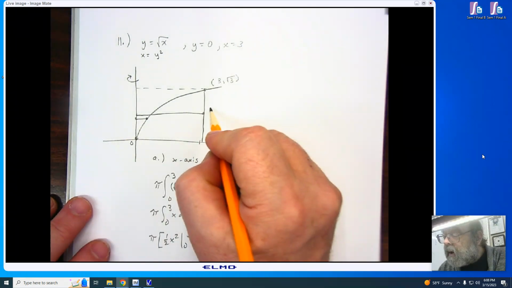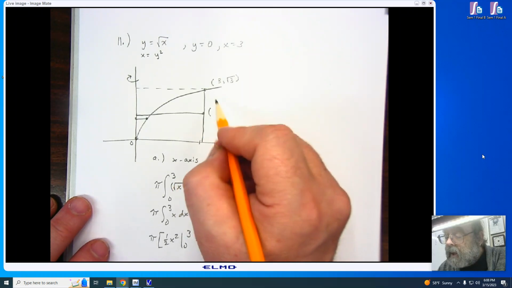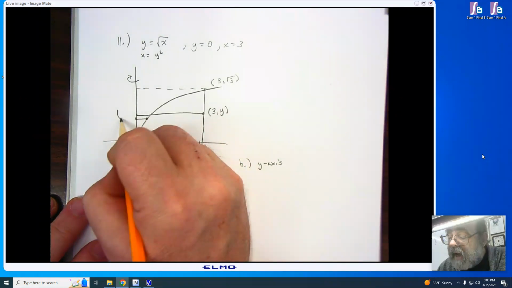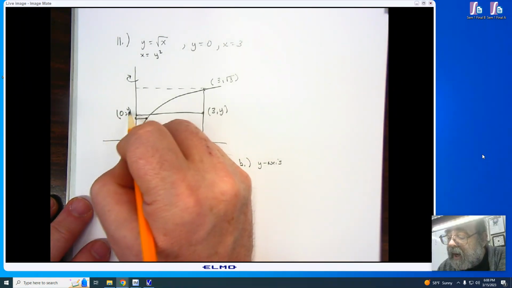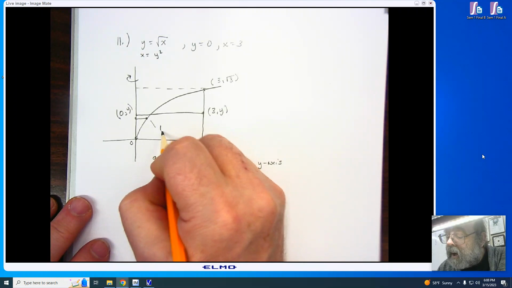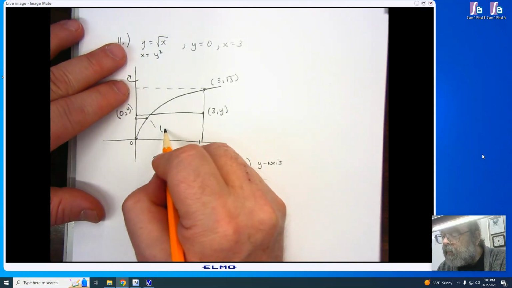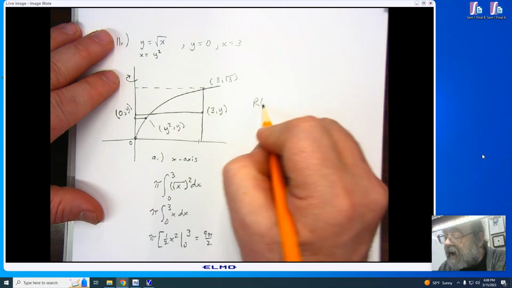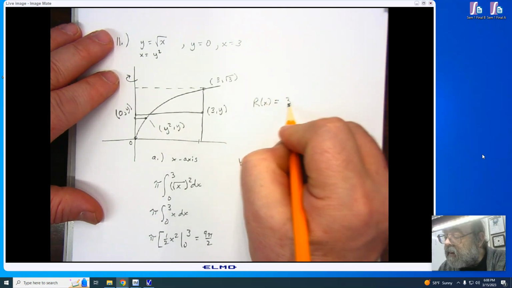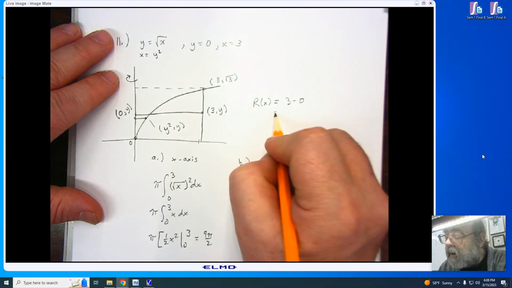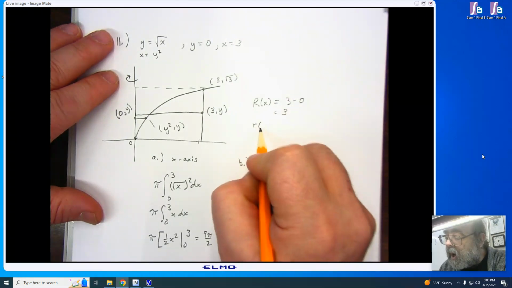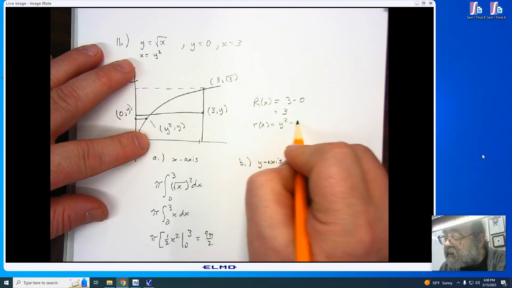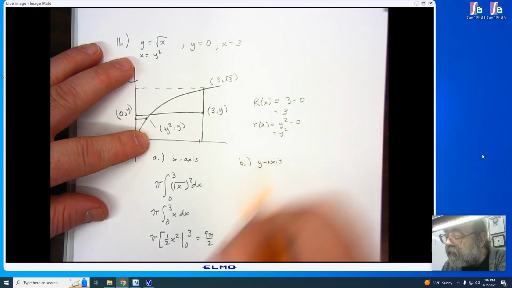This value right here is 3 comma y. This value down here is 0 comma y. And this point right here is my y squared comma y. So the big R is 3 minus 0, which is 3. The little r is y squared minus 0, which is y squared.